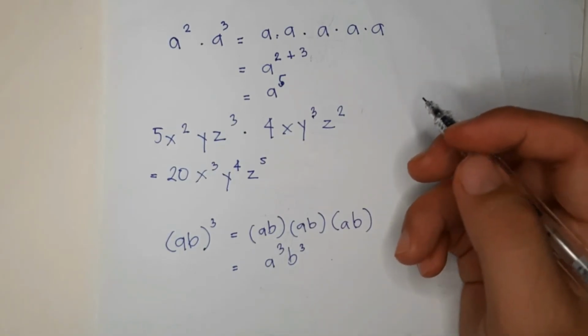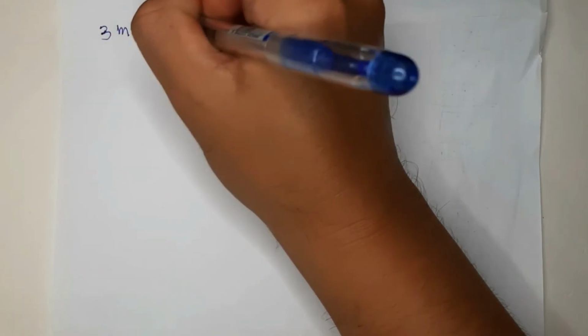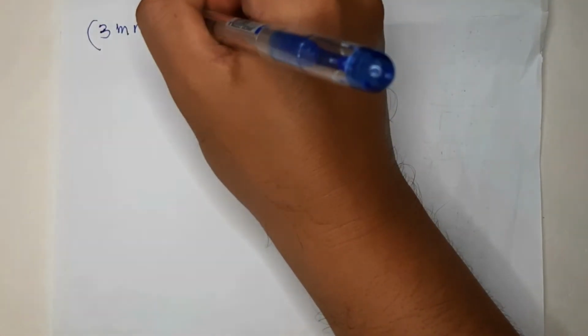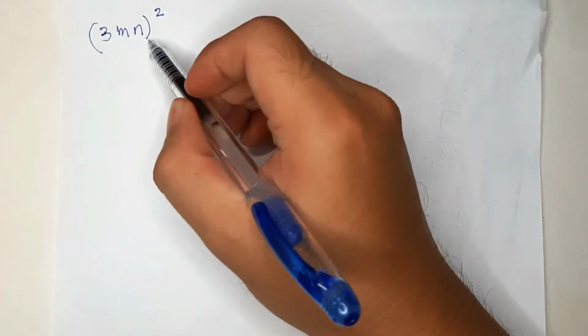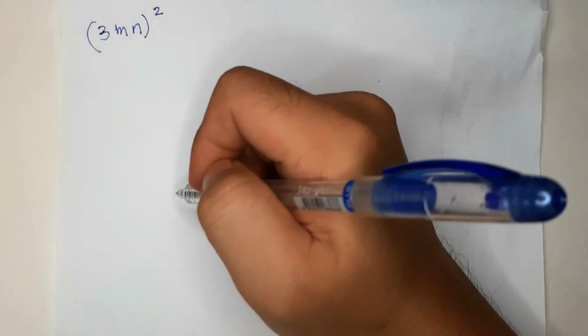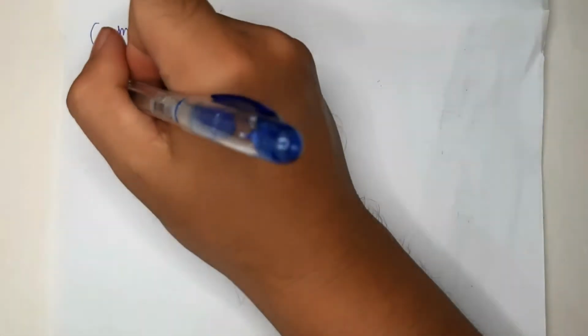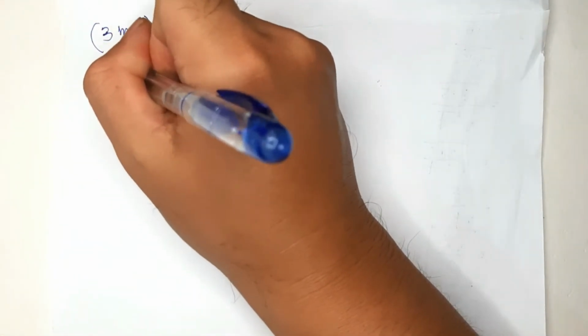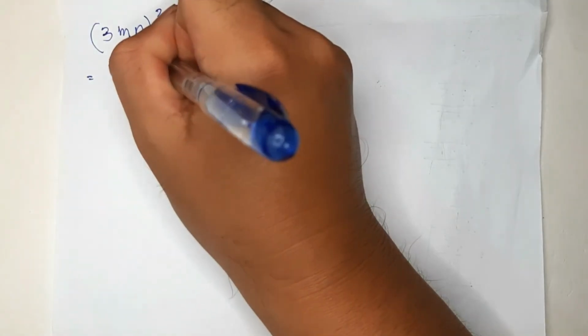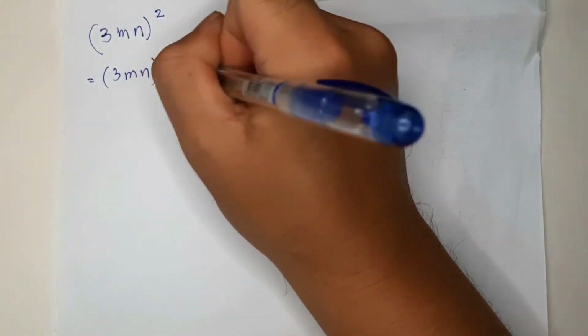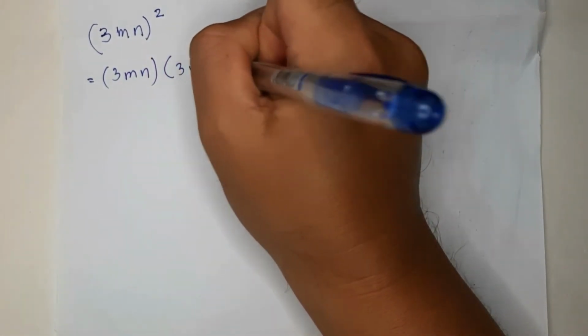So let's have an example. So we have 3mn squared. So what we are going to do is we can split them up, which is 3mn times 3mn.